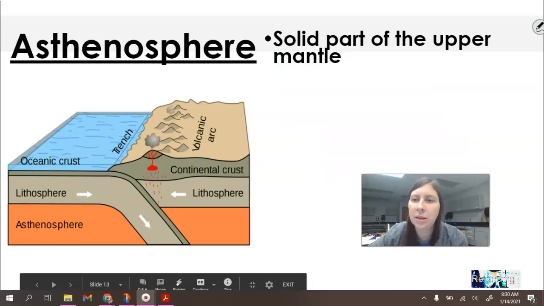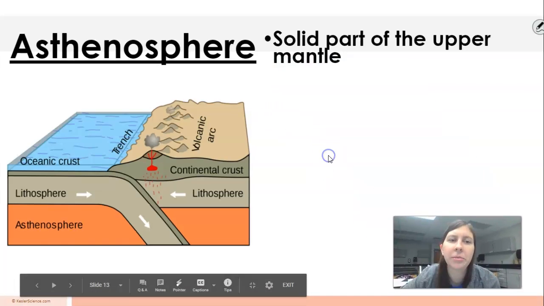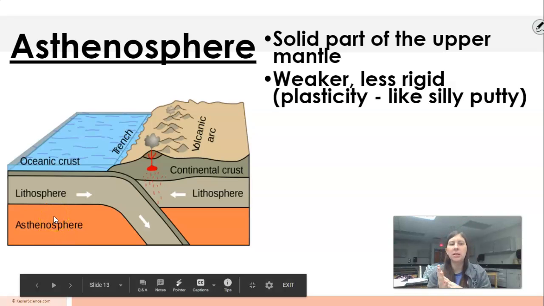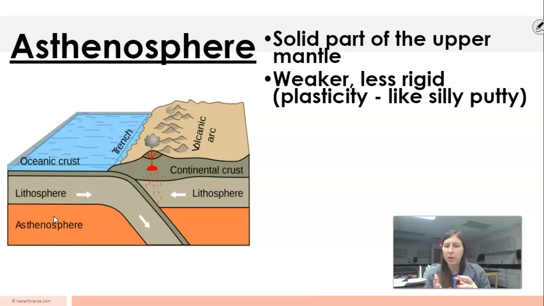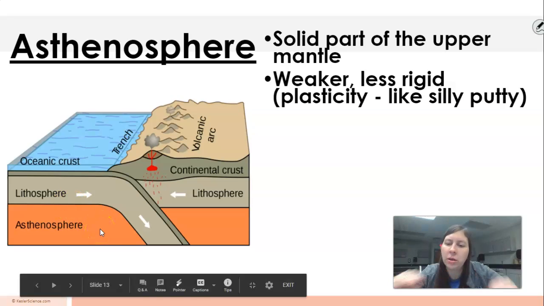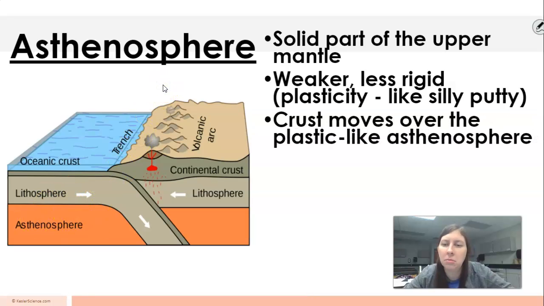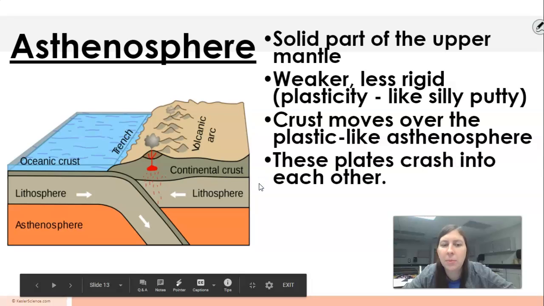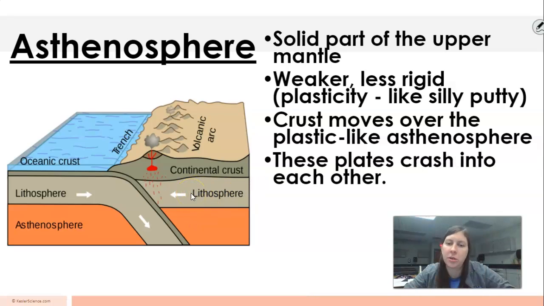It is the solid part of the upper mantle. It's less rigid, which means it's kind of like silly putty, where it's plasticky. It can stretch, but it's very flexible. The crust moves over the asthenosphere, and the plates crash into each other.